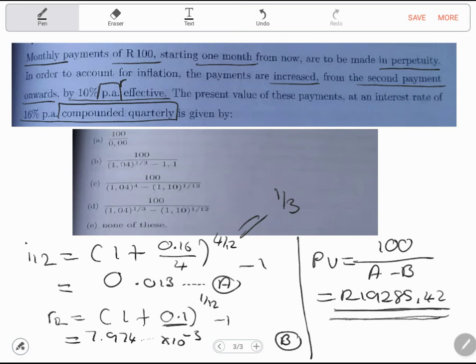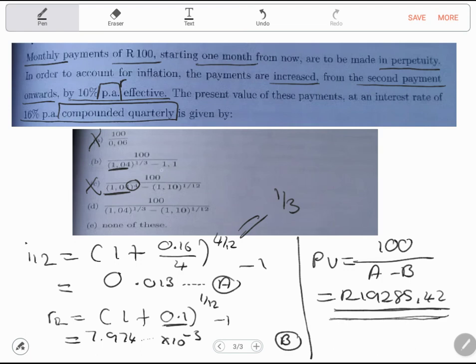So let's look for 0.04. It's not A. Here they had the 4%, 1 plus 0.04, but it's not C, because in C the exponent is 4, whereas our exponent is actually 1 over 3, or 4 over 12. So it could be B or D. Then our B is 1.1 to the 1 over 12.